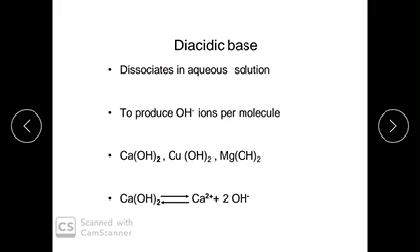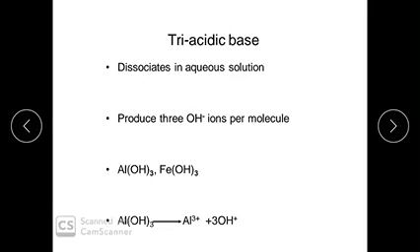Let us see one here. Ca(OH) taken twice in equilibrium gives Ca plus 2 plus 2 OH minus ions. Here it produces two OH minus ions, so it is a diacidic base.